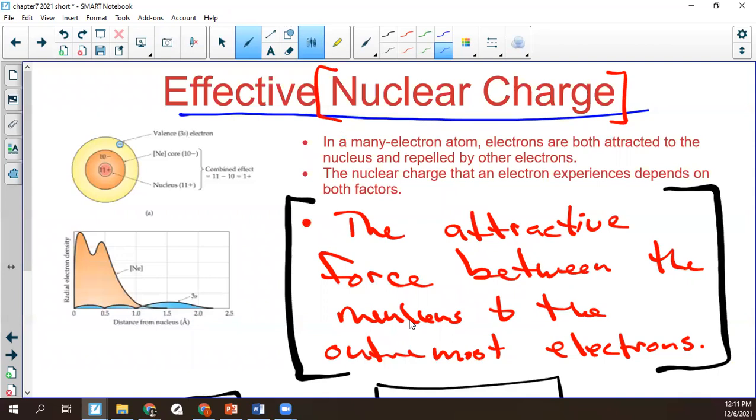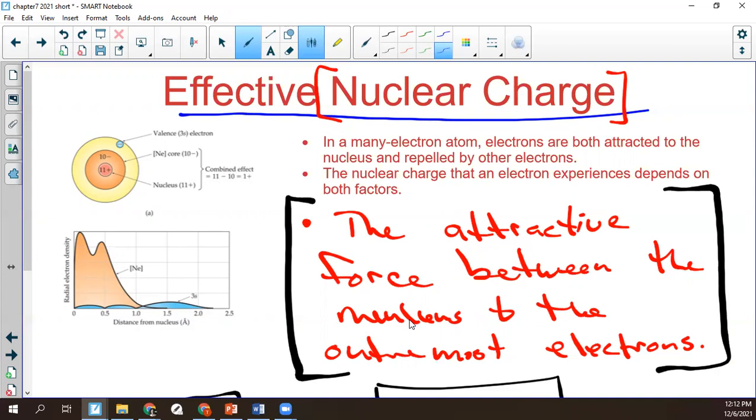Everything I'm going to say, if you get lost, the effective nuclear charge is the same as the family number. Okay? In the next 5 minutes, confused? Remember, it's the same as the family number. What else have we learned was equal to the family number?